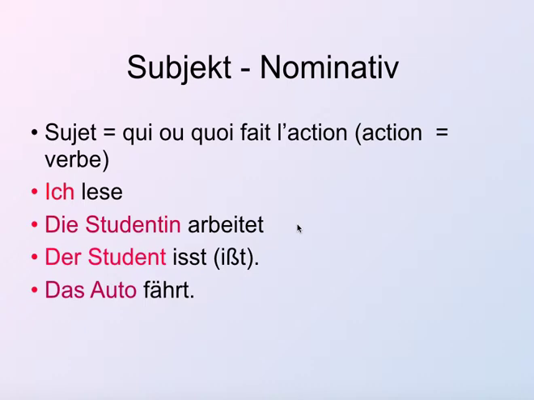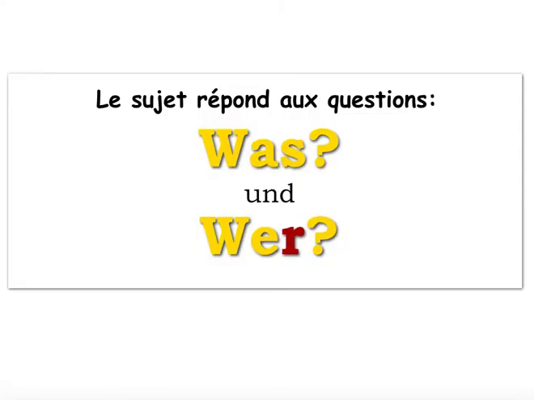And of course, we can also have inanimate objects who can be subjects. For example, the car drives. Das Auto fährt. What is driving? Das Auto, the car. So this is our subject in the nominative case. So the subject always responds to the question was, what, if it is an inanimate object, and wer, who.